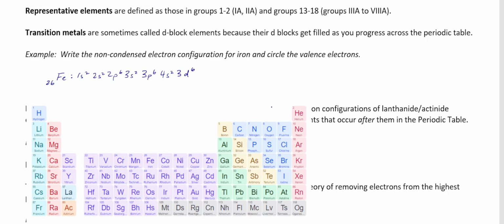Now this one's a little trickier because it says circle the valence electrons. We have to remember that valence electrons are the ones with the highest principal quantum number. So iron has 2 valence electrons right there.